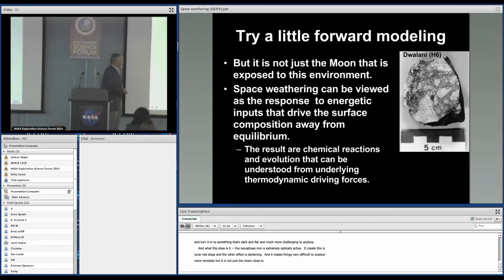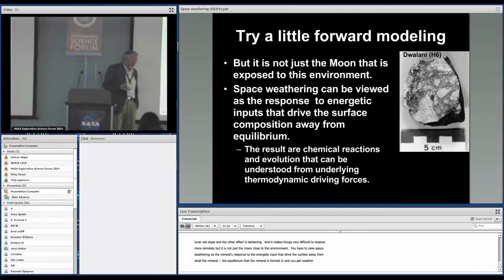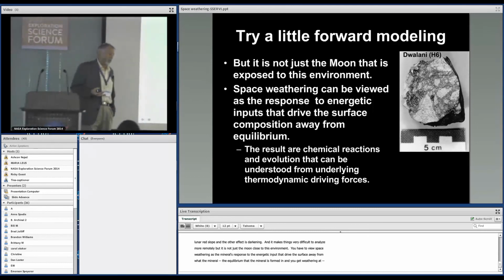But it's not just the moon that's exposed to this environment. You really have to view space weathering as the mineral's response to the energetic inputs that drive the surface away from the equilibrium that the mineral was formed in. And you get weathering basically in all areas of the solar system.